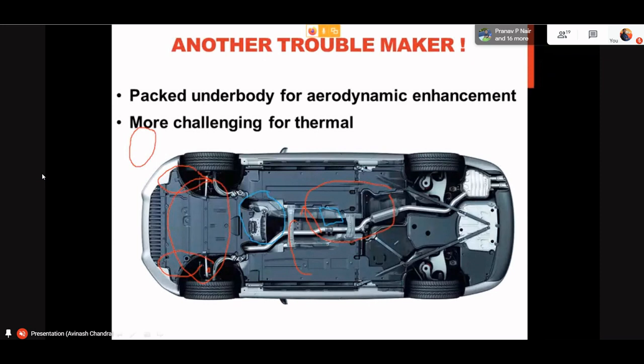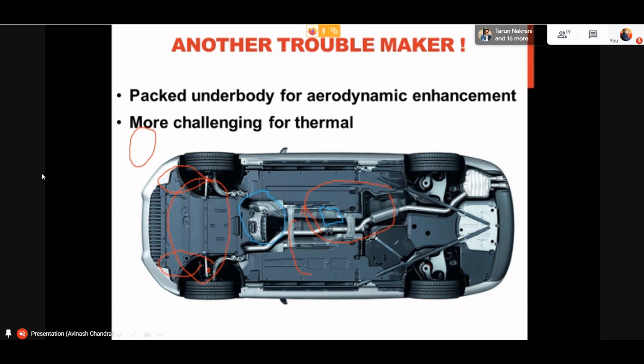Now you see we have covered everything over here, unlike the previous one. This is going to enhance your aerodynamics very much; it can increase your stability up to 10%.